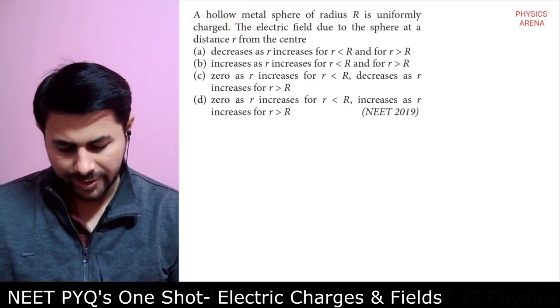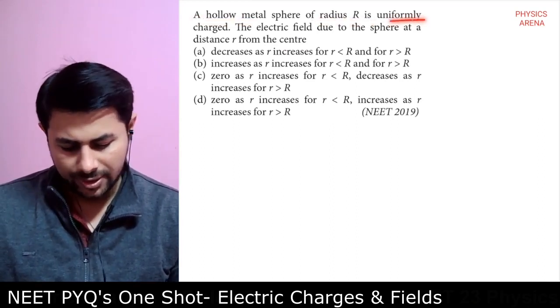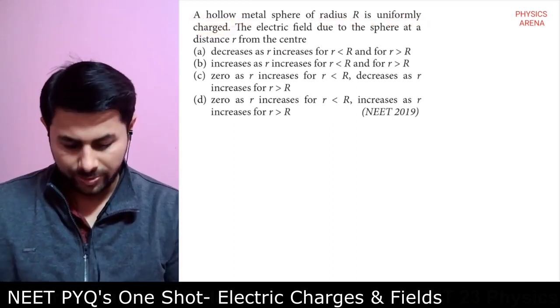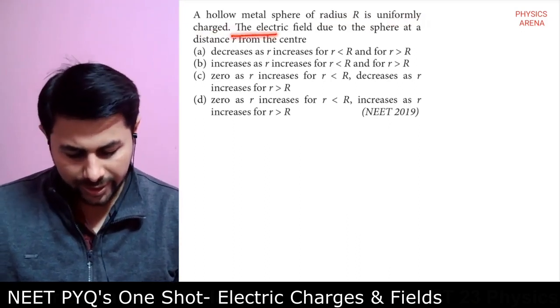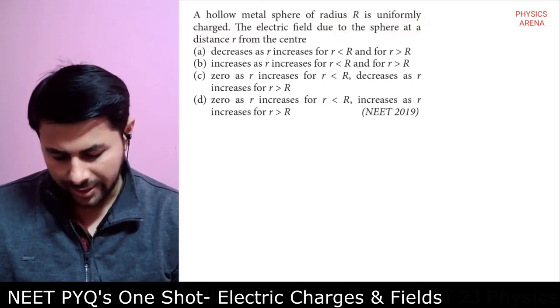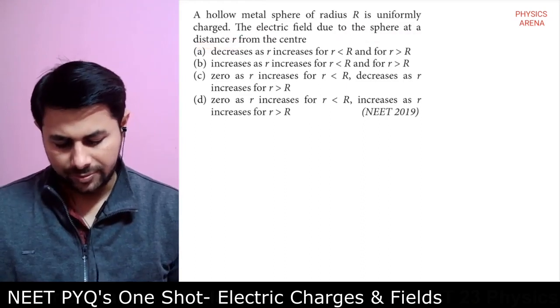A hollow metal sphere of radius R is uniformly charged. It's a hollow sphere, okay? The electric field due to the sphere at a distance r from the center.